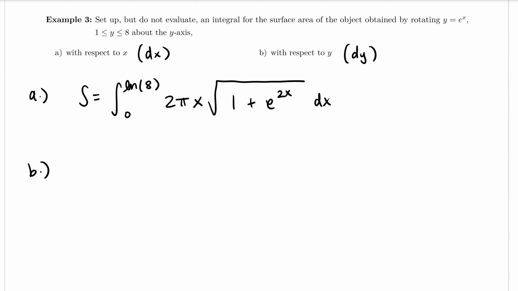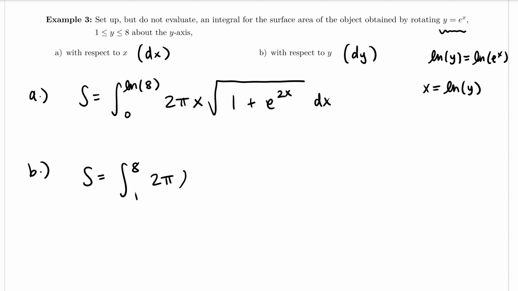And then for part B, we have s equals the integral from 1 to 8 of 2 pi, and then we can solve this for x. If I take the natural log of both sides, we get, and the natural log of e to the x is just x.